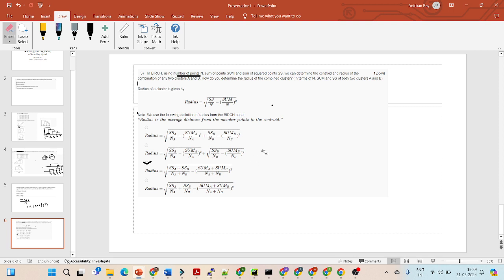In other options, the formula is changed, as you can see. That is why they are not the answer. What are SSA and SSB? SSA means the sum of squares of cluster A, and SSB is the sum of squares of cluster B, along with the number of points and the sum.